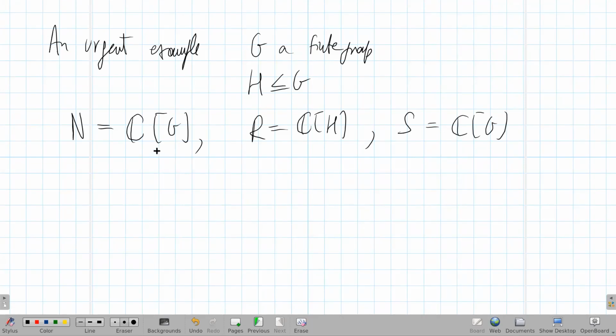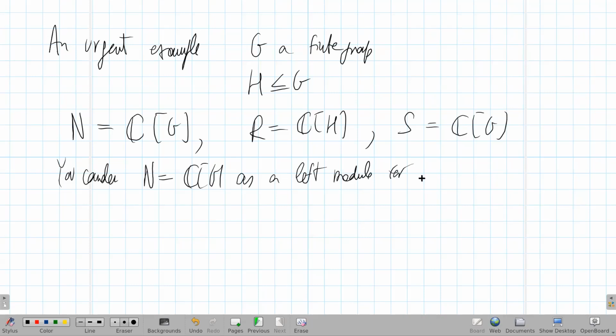So the idea is, you consider N, which is the group algebra, as a left module for R equals CH. How? By left multiplication.